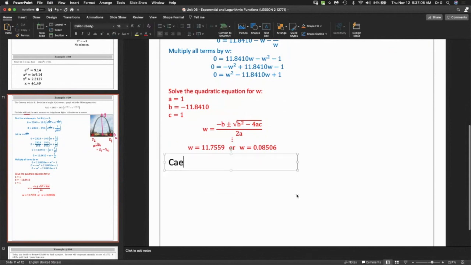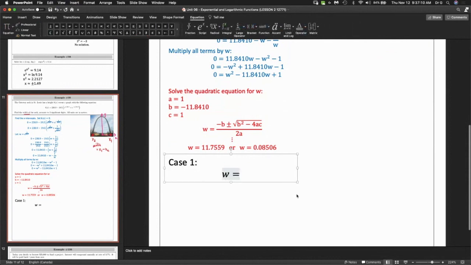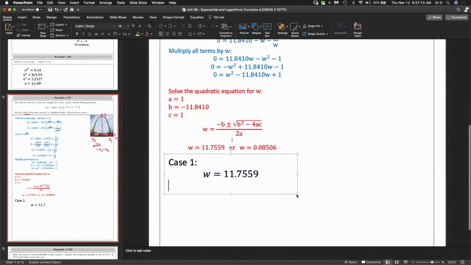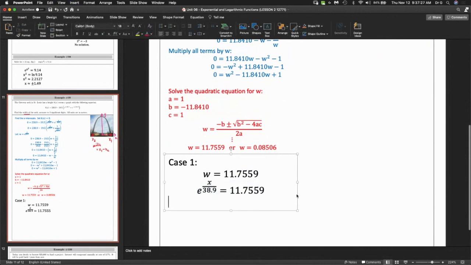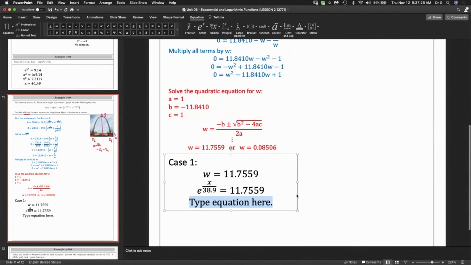So case 1, W equals 11.7559, which means that e to the x over 38.9 equals 11.7559. We don't want the e there, so we could write this the other way, which is the logarithmic way, which is base e.